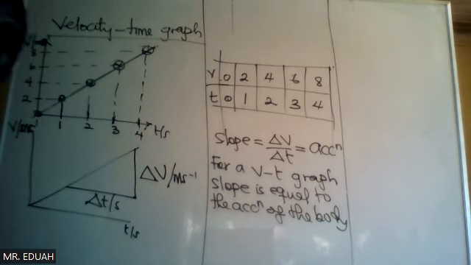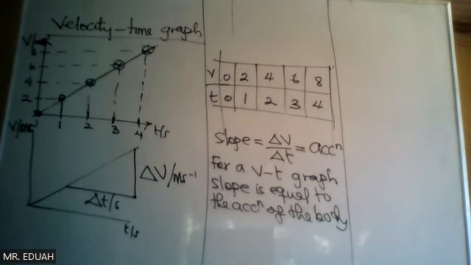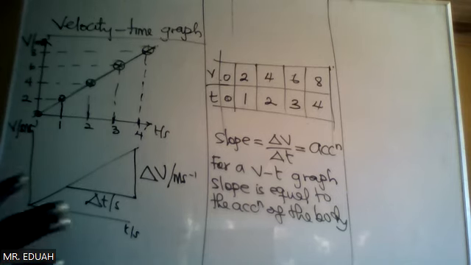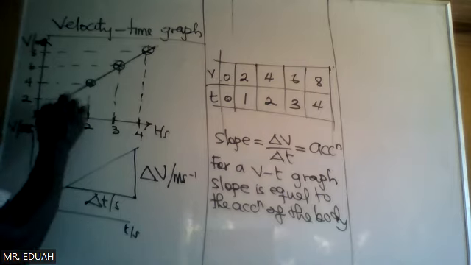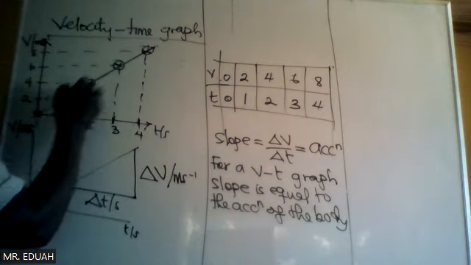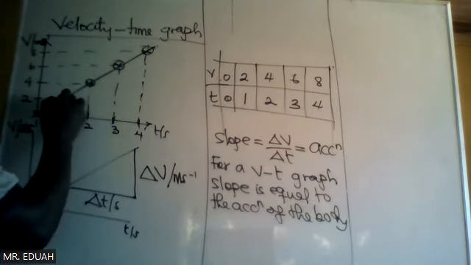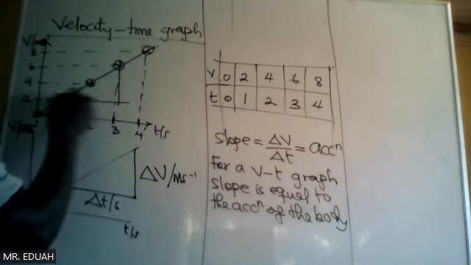So the slope of a velocity time graph is equal to the acceleration of the body. Now, this acceleration is uniform because when you pick any two points on a straight line and you find the slope, you get the same value.